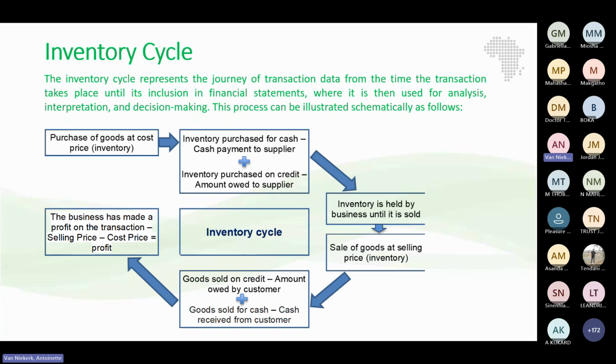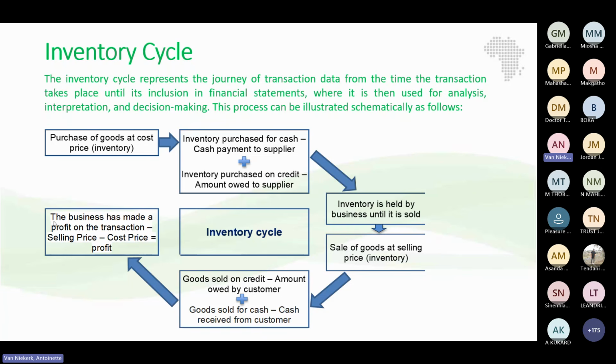And when cash is applicable, you will know the bank account is applicable. So you sold something for cash, so your bank account will increase. Your bank account is an asset, and an asset will increase on your debit side.